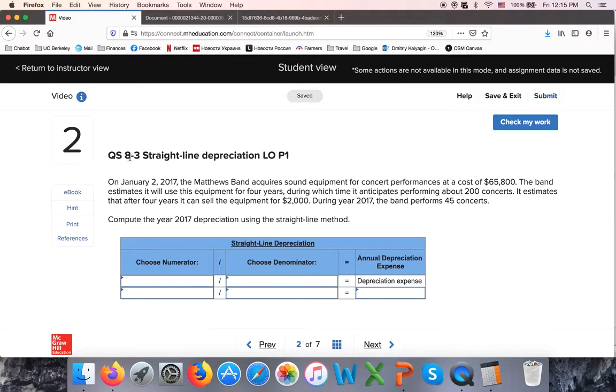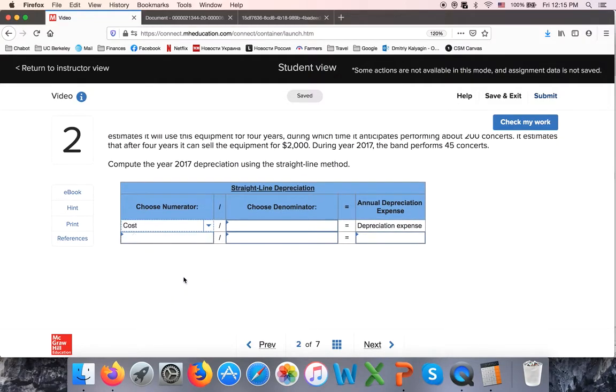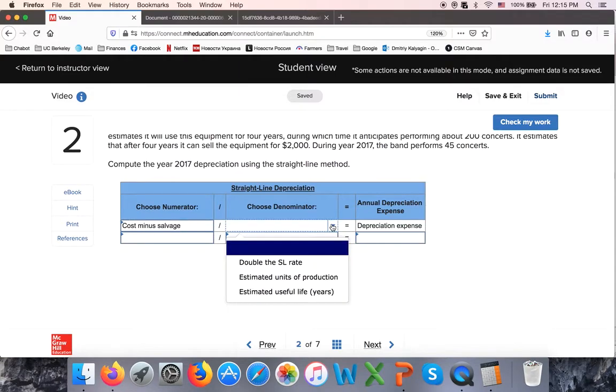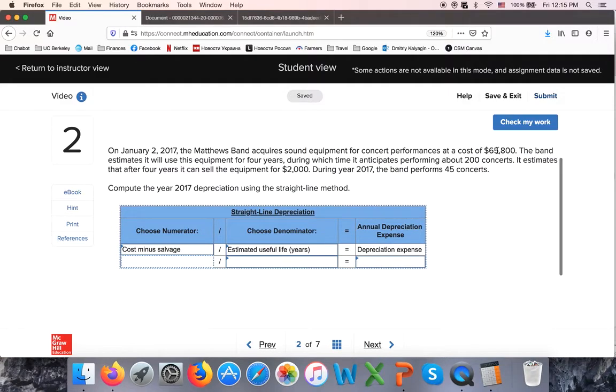So in 8-3, we just need to calculate depreciation using the straight line method. So here I'm just going to choose numerator, which is going to be my cost minus salvage value. I choose denominator, which is going to be useful life in years. So cost is 65,800 minus salvage value 2,000.